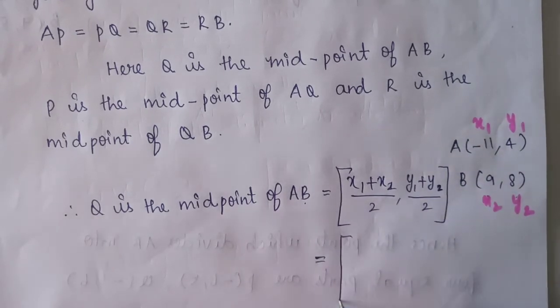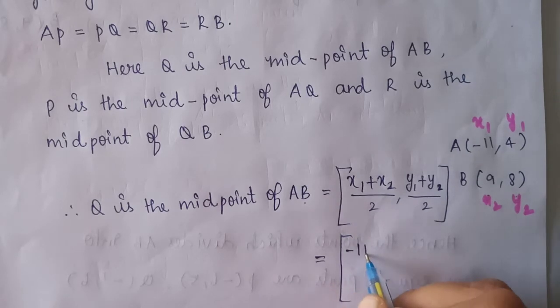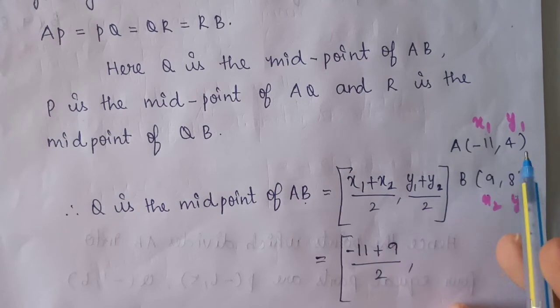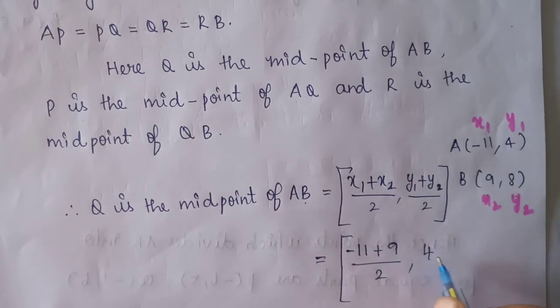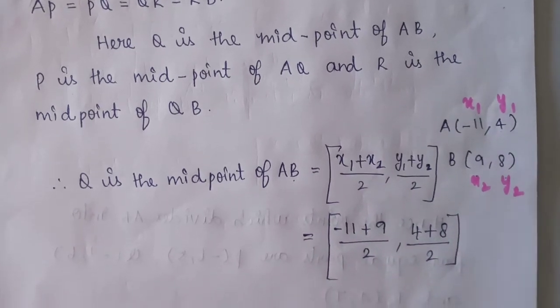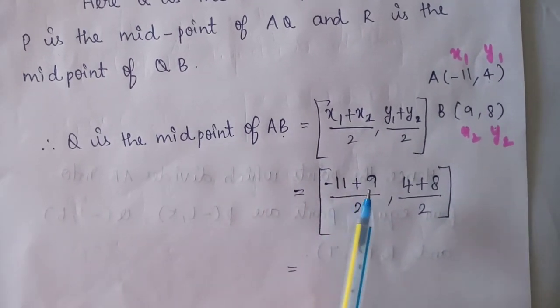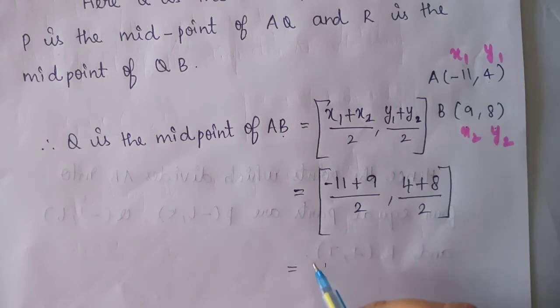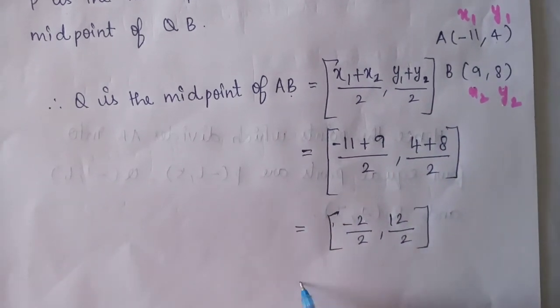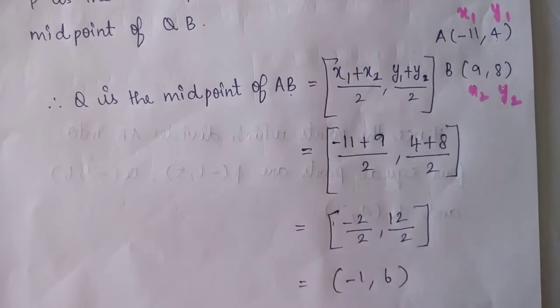So it is equal to ((-11 + 9)/2, (4 + 8)/2), which is equal to (-2/2, 12/2), which is equal to (-1, 6). This is the coordinate of Q.